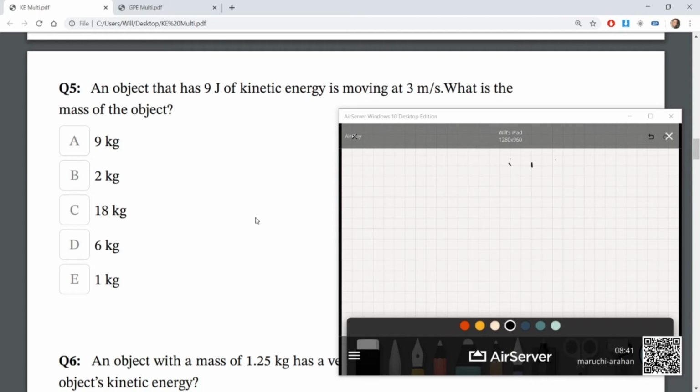So we've got 9 equals a half times m times 3 squared. 3 squared is 9, so you can just divide by 9 on both sides, so you get 1 equals a half times m. Multiply both sides by 2, 2 equals m. And that'll be in kilograms, so B.